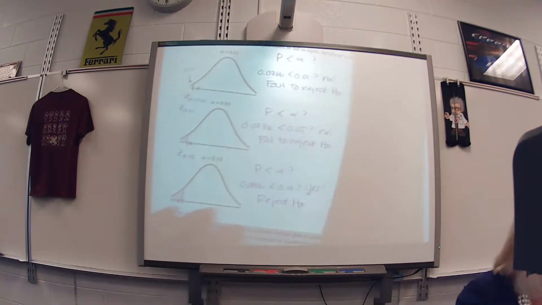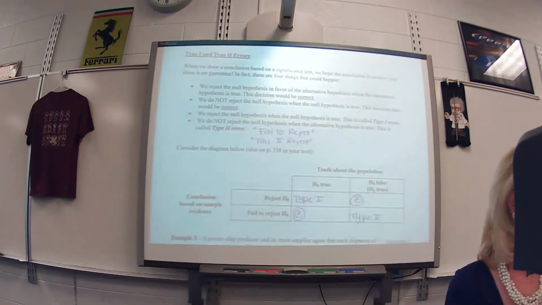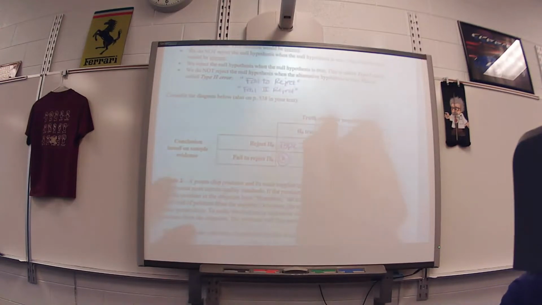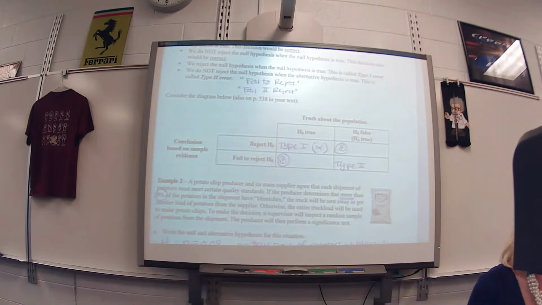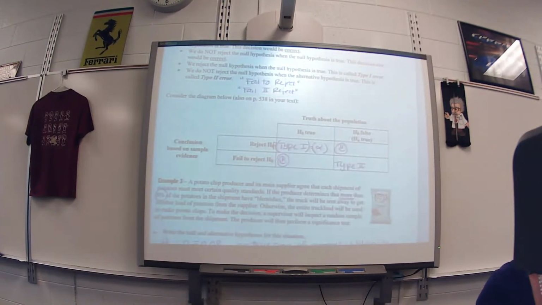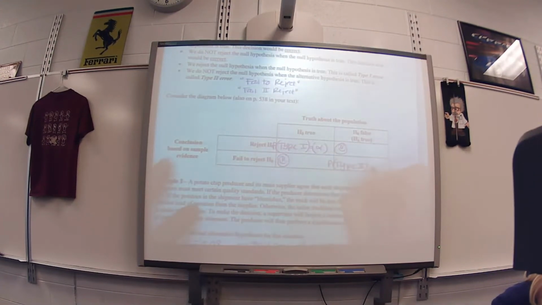Oh, we got to put some stuff in the chart because I know there's a lot of stuff going on. So go back to the chart. Type 1: alpha. The probability of type 1 is equal to alpha. The probability of type 2 is equal to beta.